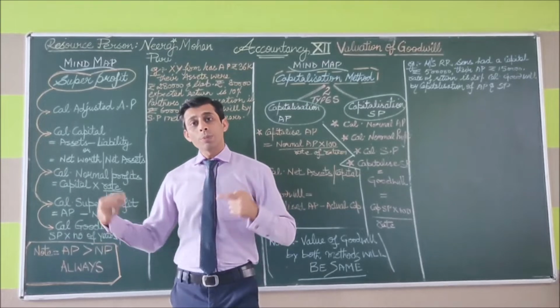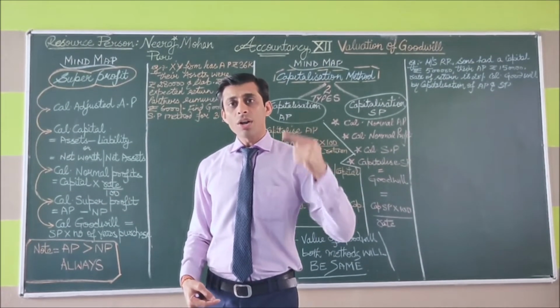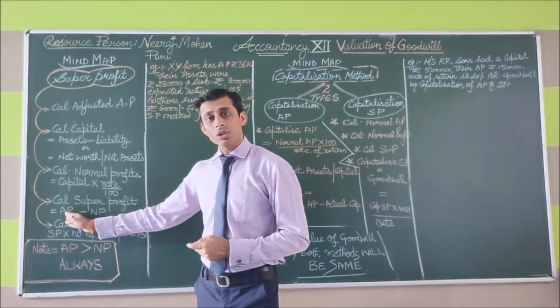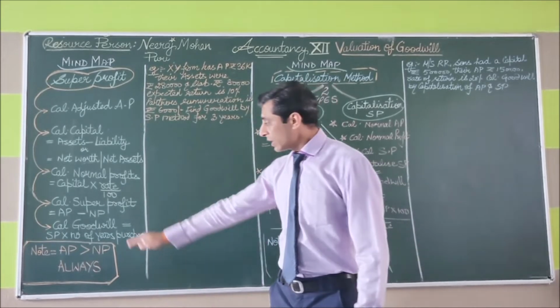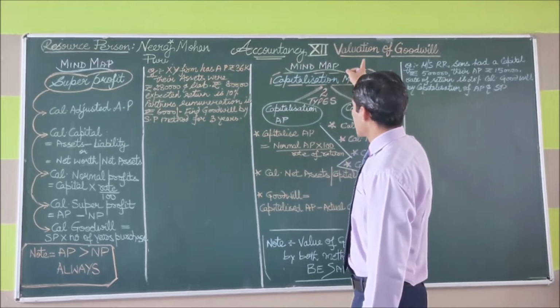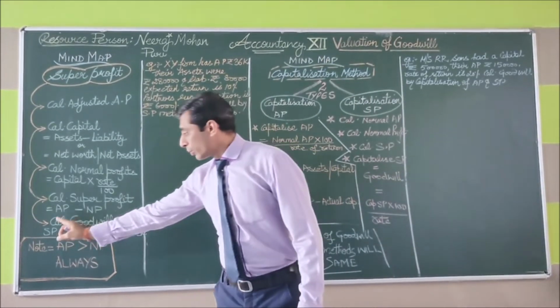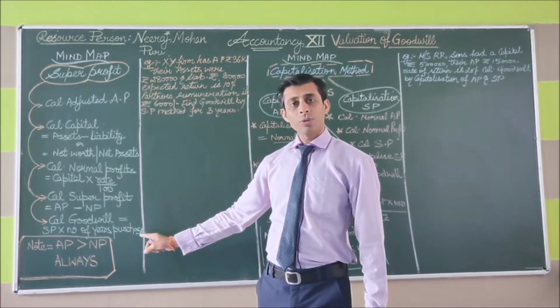So super profit will only arise, you will be extraordinarily happy only if average profit is more than normal profit. Last step is to calculate goodwill, which is our ultimate objective. The formula for calculation of goodwill is super profit multiplied by number of years of purchase.